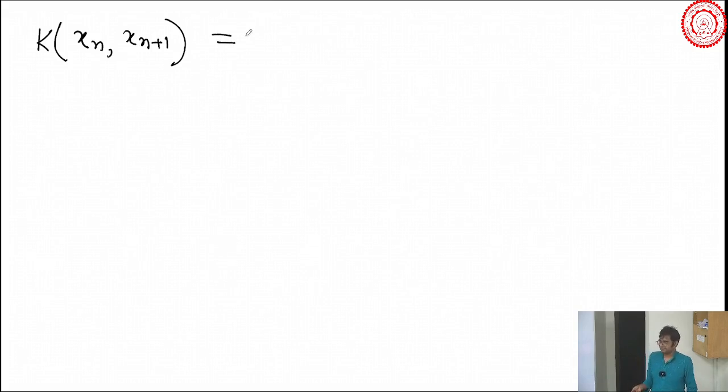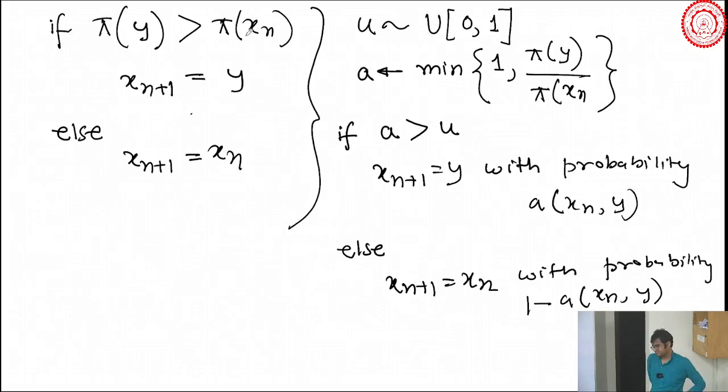Now tell me, in how many ways you can go from xn to xn plus 1 following this algorithm? Two ways. One way is that you select a y and you accept that y as xn plus 1. The second way is you select a y and that gets rejected, so your xn plus 1 is equal to xn, and that's a way of getting xn plus 1 also.